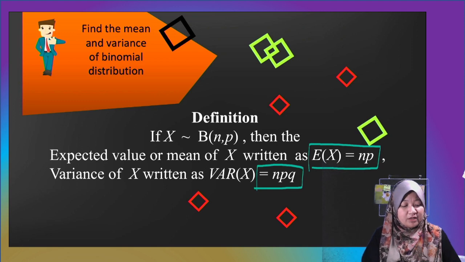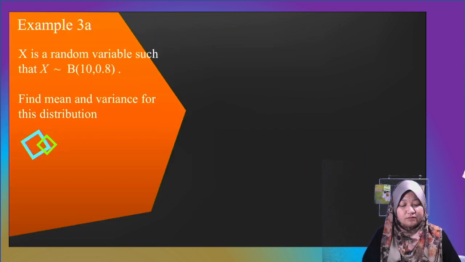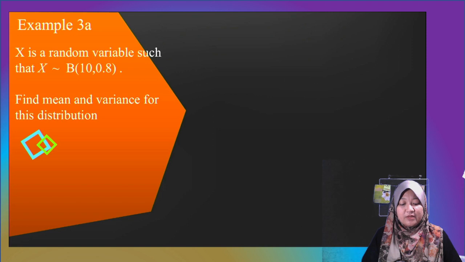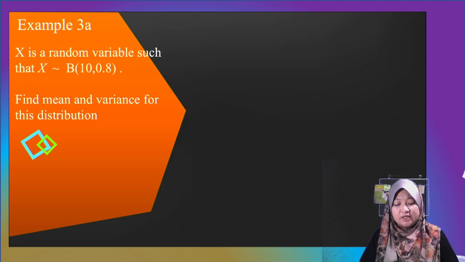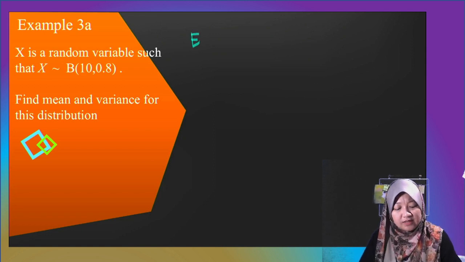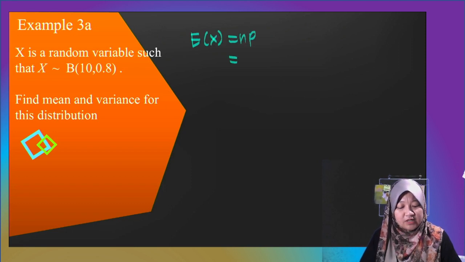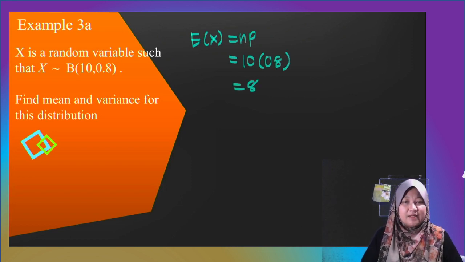Okay. So, kita lihat contoh. X is a random variable such that N is 10, P is 0.8. Find the mean and variance. So, mean adalah N darab P. So, kita darab saja. Okay, kita dapat 8.